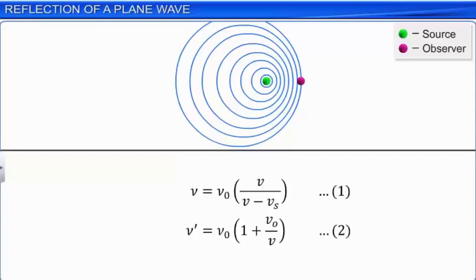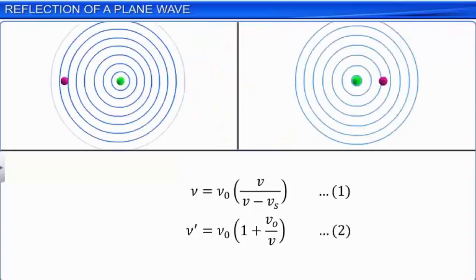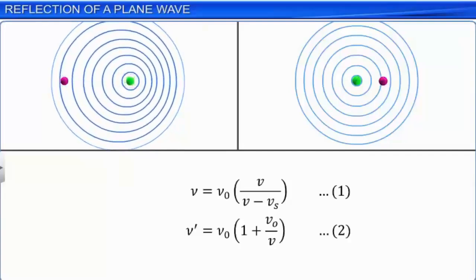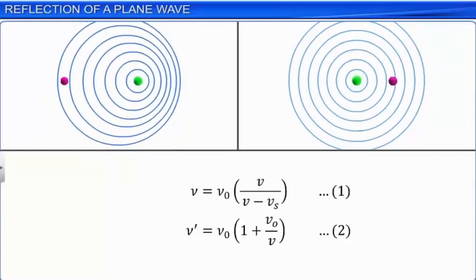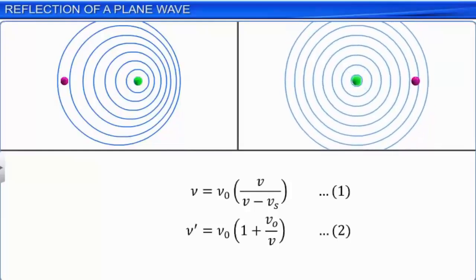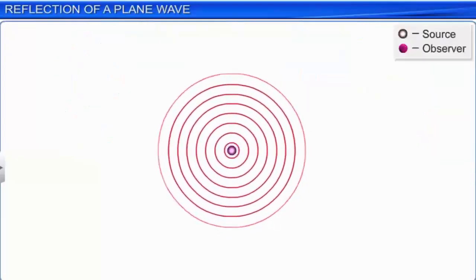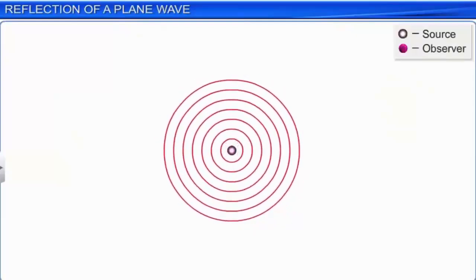Thus, in the case of sound waves, since the velocities of the source and the observer are relative to the medium in which they propagate, the effect on the frequency when the source moves away from the observer is different from when the observer moves away from the source. But this is not true in the case of Doppler effect for light waves. Let us now understand the reason for this.